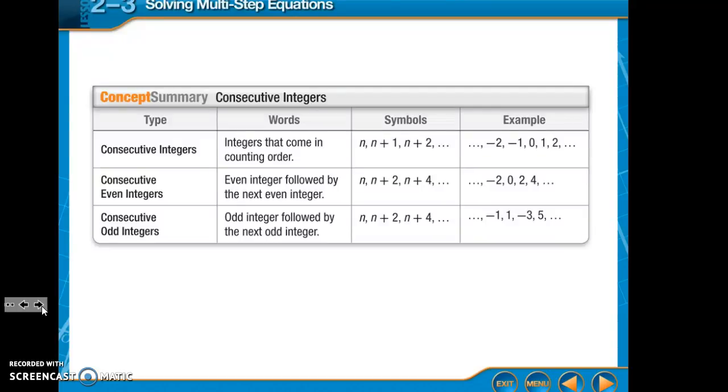It's divisible by 2, right? So if n is an even integer, then 2 more would be an even integer, and 2 more would be even. An odd integer, if we say that n is odd, then n plus 2 is still an odd integer, right? Because 1 and 3 are 2 apart.